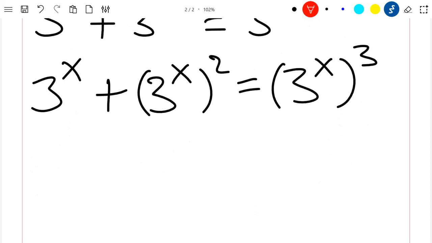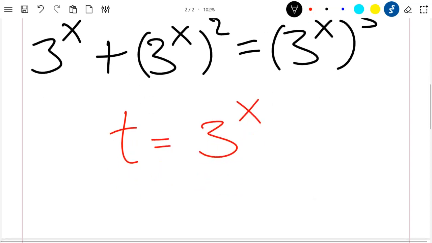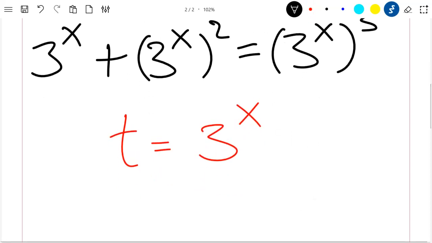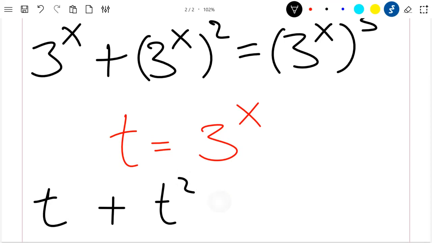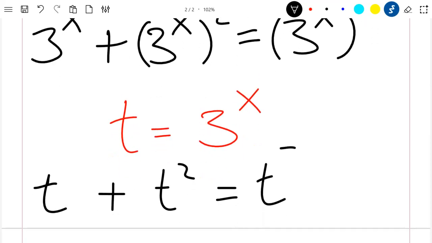So if I take t to be equal to 3^x, what will my equation become? My equation will become t + t^2 = t^3.